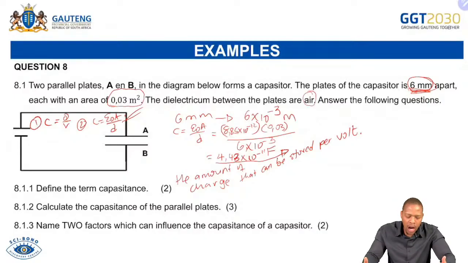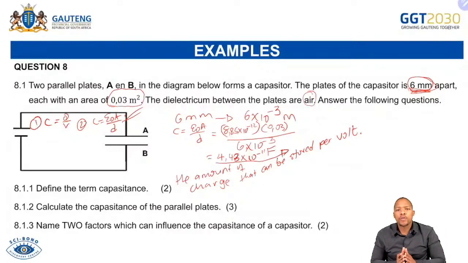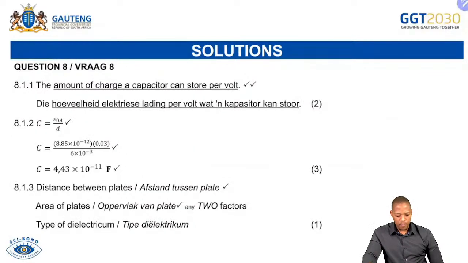They can ask you how does distance affect the capacitance of a capacitor. Then you can tell them that if you have a small distance between the two plates, then you will have a greater capacitance. And for area, the greater the area of the plate, the greater the capacitance of the capacitor. Okay? Right. So as you can see, this is how the questions are answered.